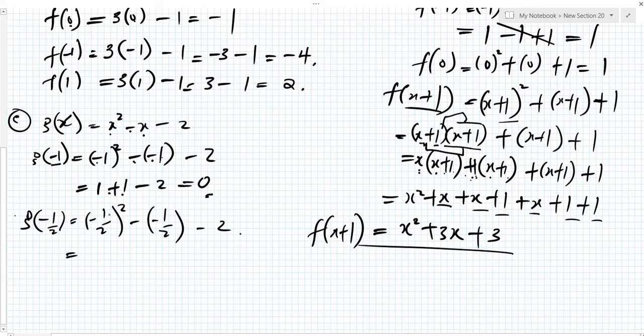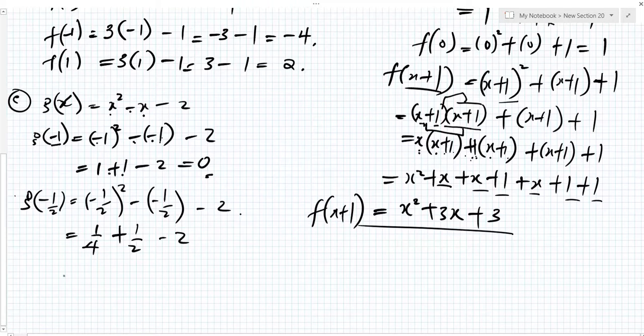So minus 1 over 2 squared is 1 over 4. Then minus times minus 1 over 2 is plus 1 over 2, minus 2. So if you add 1 quarter plus 1 over 2, you have 3 over 4 minus 2.